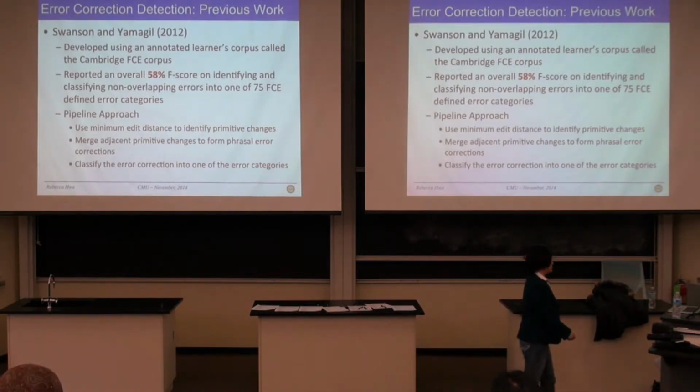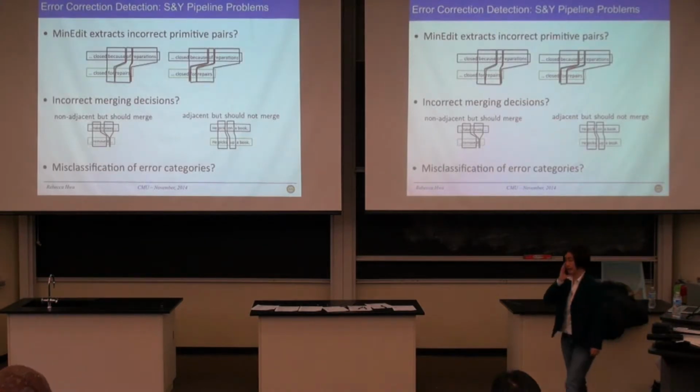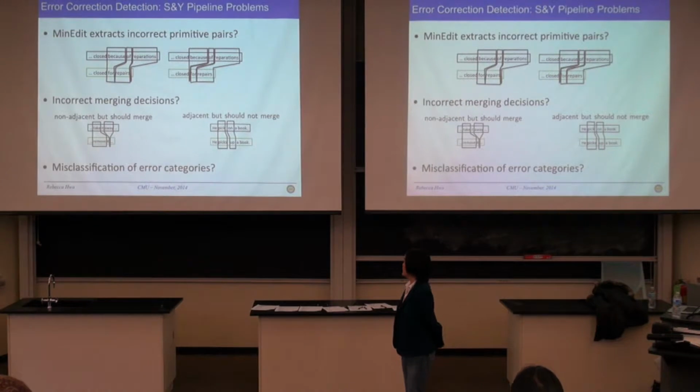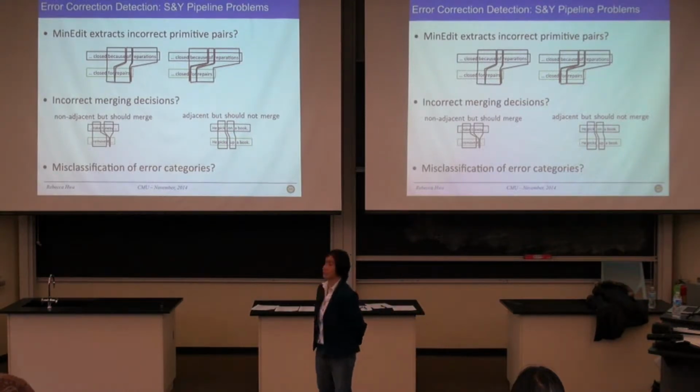So since 58 seems pretty low, we wanted to know what the problem was. Why was it not that good? We thought, well, maybe the problem is in minimum edit distance, extracting the wrong primitive pairs, and we want to do some sort of different alignment.